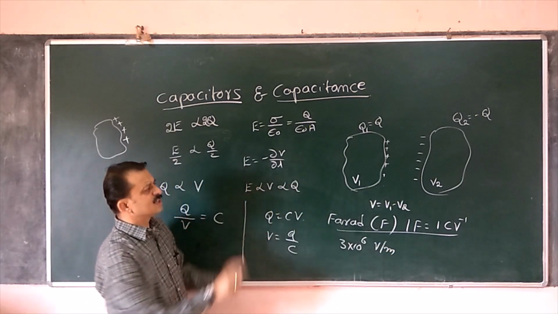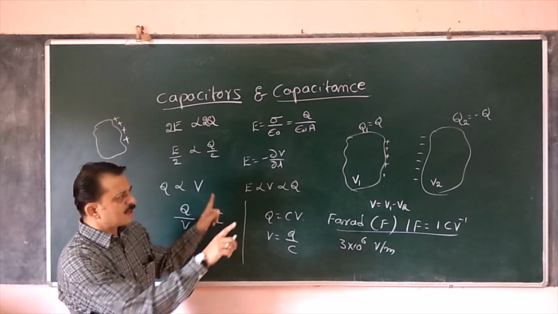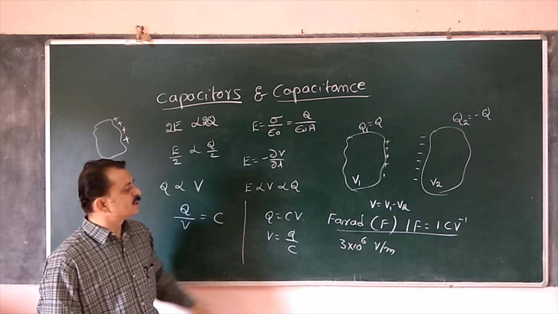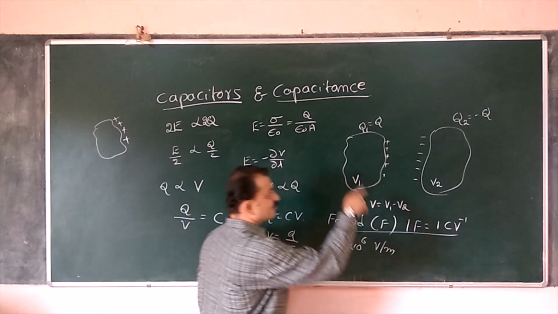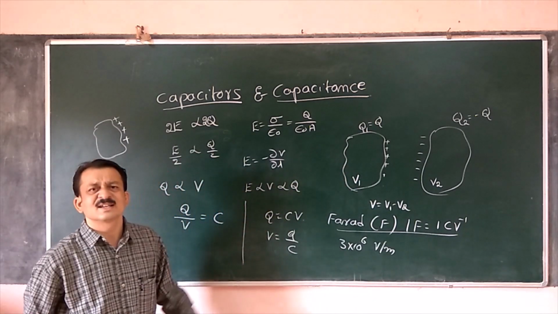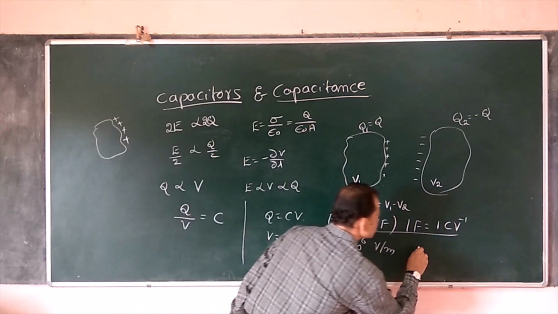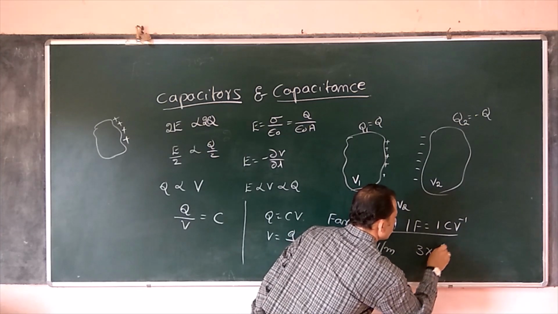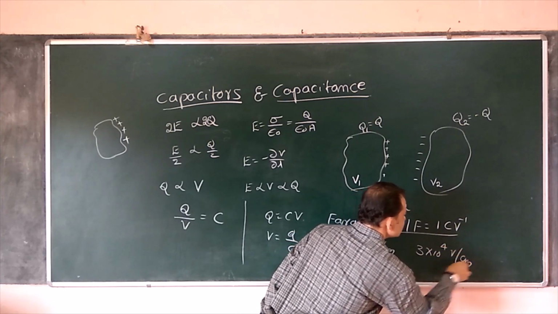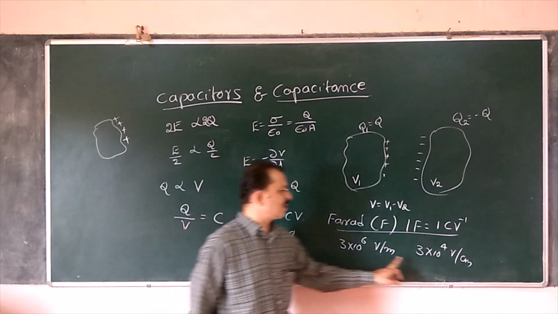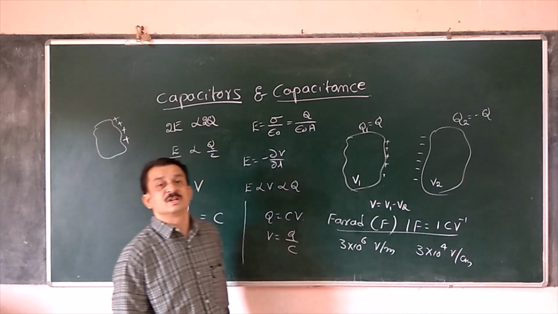Now if we have two conductors separated by a distance of 1 centimeter, and the space between those two conductors is an air medium, then the dielectric strength becomes 10 to the power of 4 volt per centimeter. Now this is in terms of meter and this is in terms of centimeter.